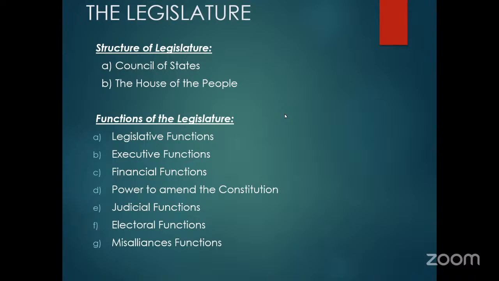For example, the parliament can impeach the president for any violation of the constitution. It can also remove the vice president, the chief justice and other justices of the high courts and supreme court, the chief election commissioner, and the comptroller and auditor general.